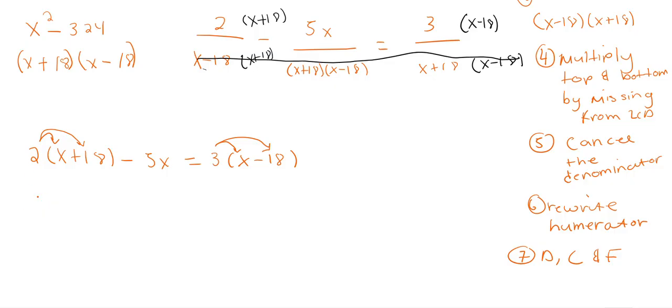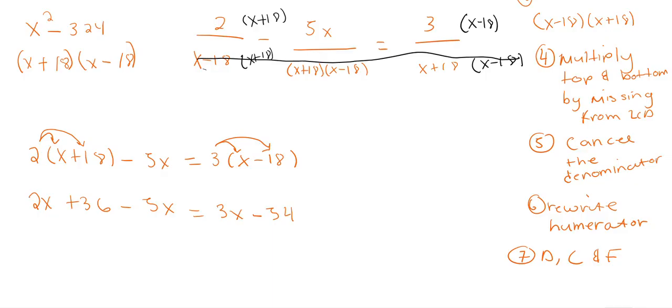So 2 times x, 2x. 2 times 18, 36, minus 5x equals 3 times x, 3x, minus 3 times 18, which is 54.